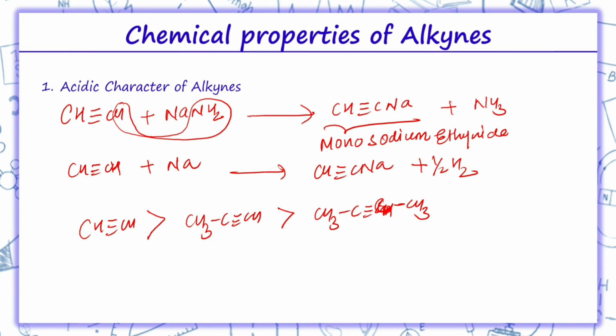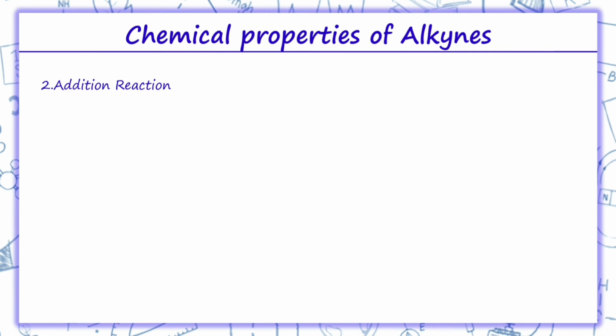Basically, acetylene is far less acidic than water, but if we talk about alkynes only, the trend follows this order. Thus, acetylene is more acidic than propyne, and propyne is more acidic than butyne. So this was about the acidic character of alkynes.